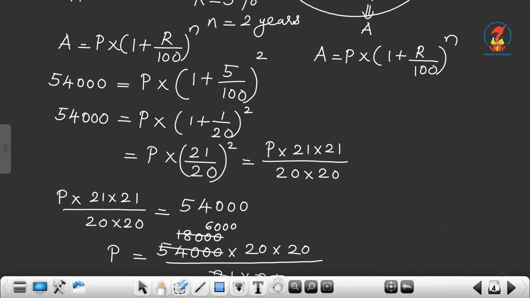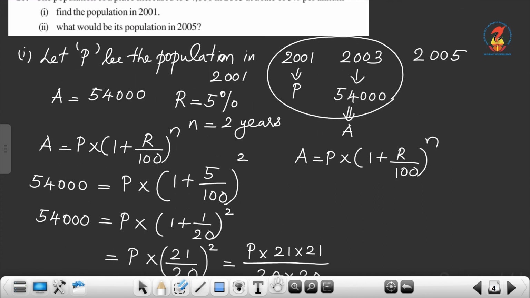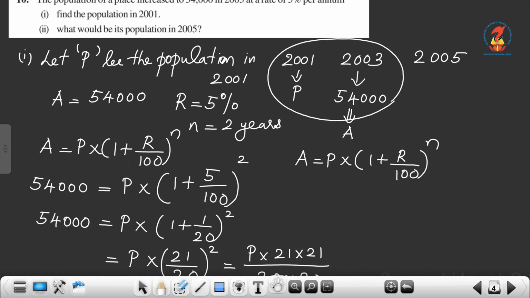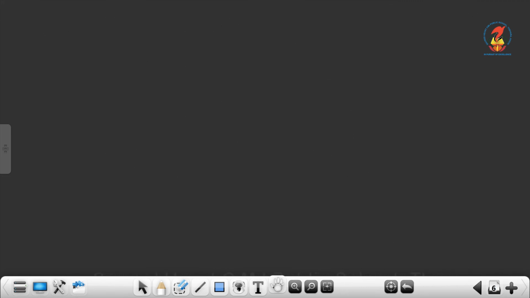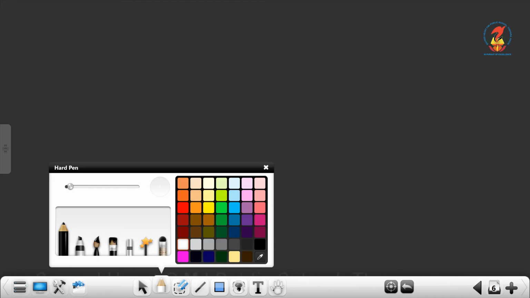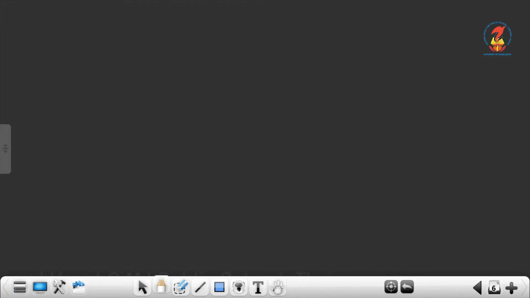Now, we have one more part. You have to find out the population in 2005. So in 2003 the population is 54,000.